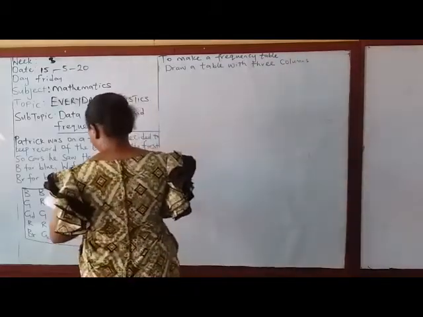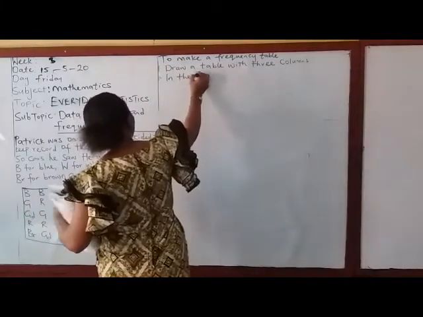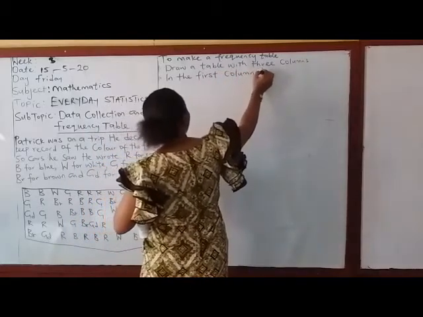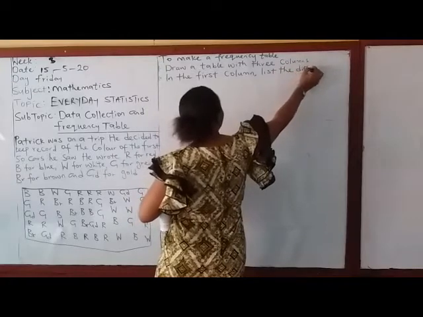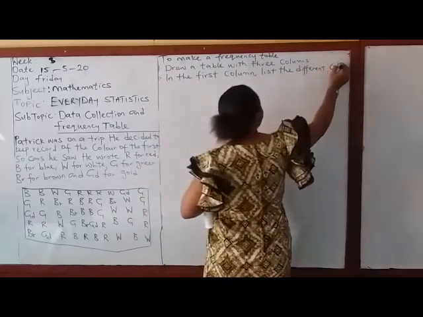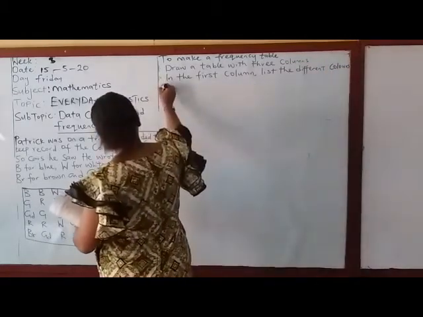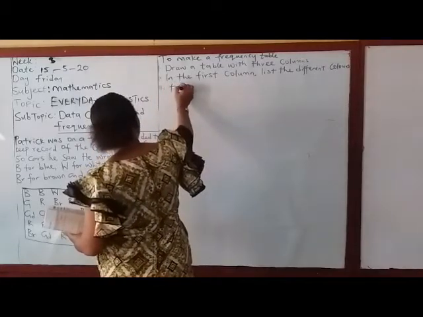In the first column, list the different colors. That is the first column. Then in the second column, tally the data.